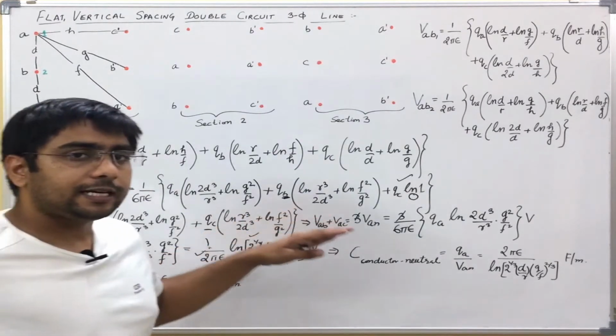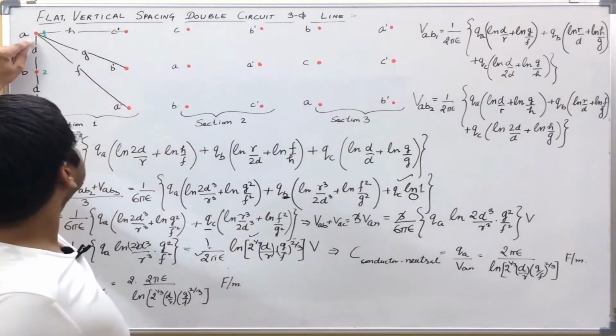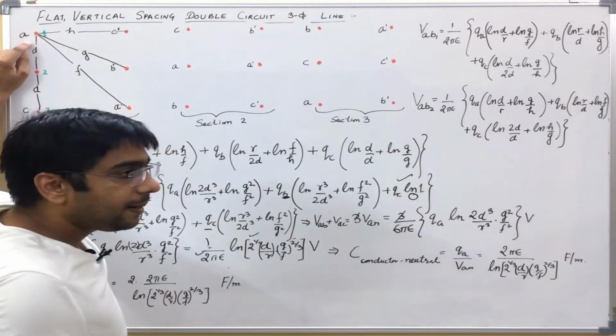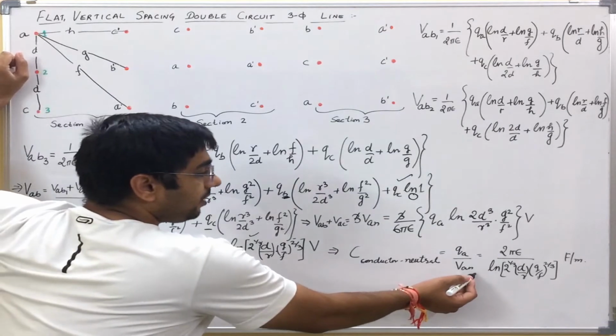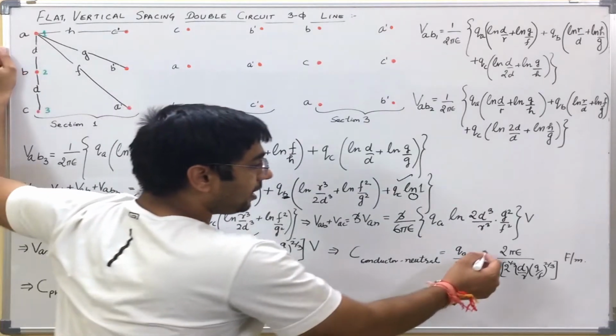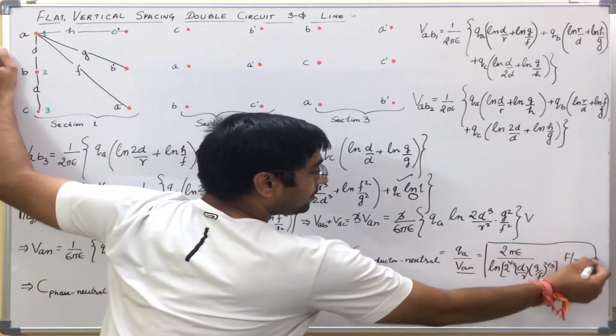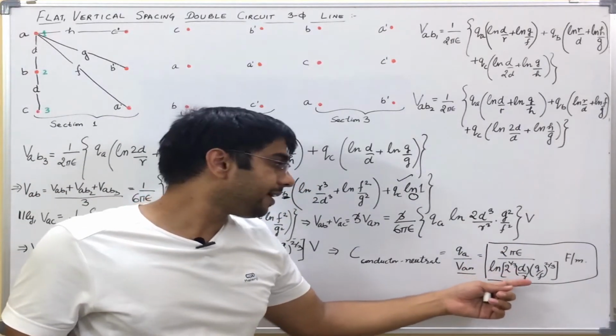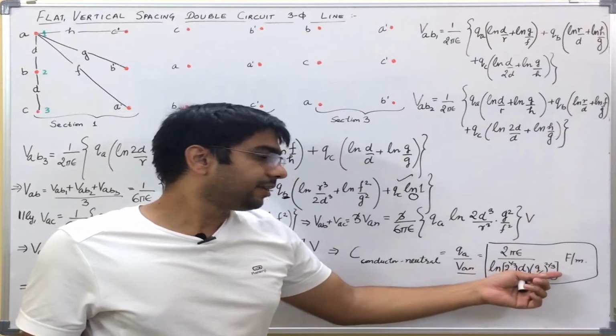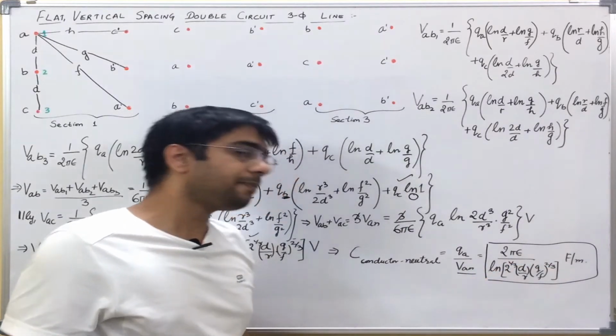Now the capacitance of this conductor, which is carrying charge QA per unit length, can be found just by dividing QA by VAN, which will give me this value, 2 pi epsilon divided by natural log 2 raised to power 1 by 3 d by r G by F raised to power 2 by 3 farad per meter.